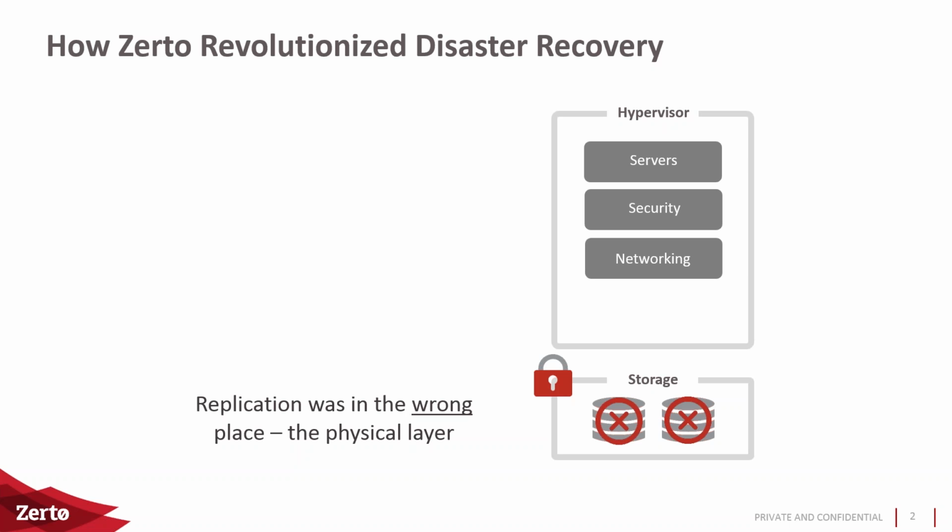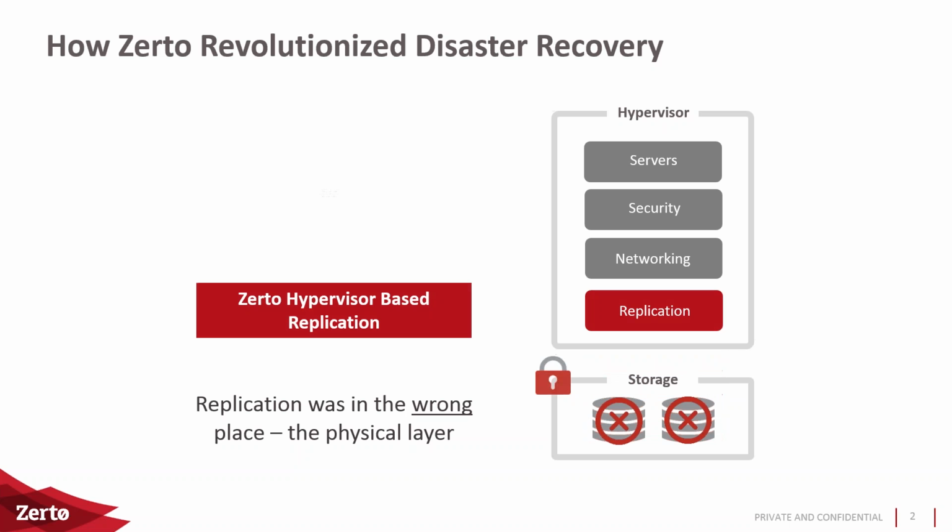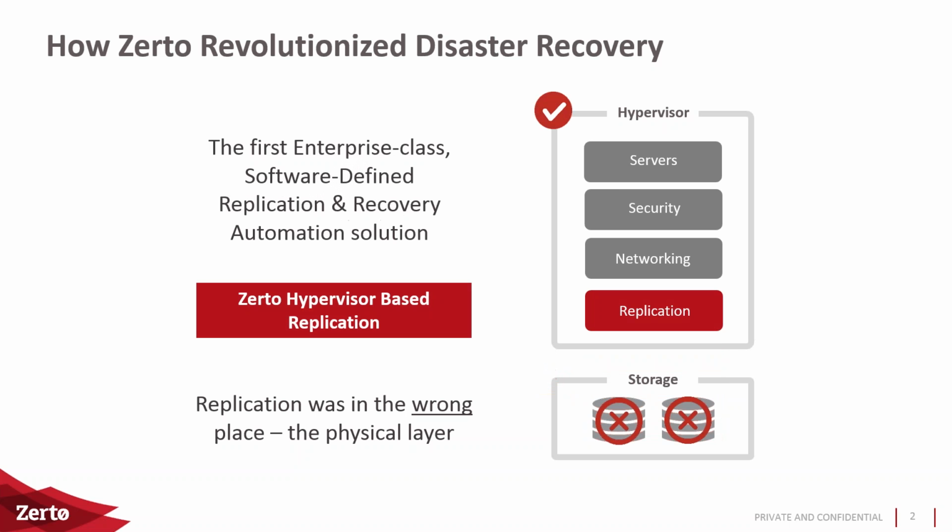You're probably replicating too much storage, you probably needed a lot more bandwidth, and it just wasn't extending that virtualization strategy. So Zerto recognized this and pulled replication from the storage layer into the hypervisor so that you now have alignment across your entire IT environment. So now you have software-defined replication and recovery, and it's automated as well, and we'll talk about that, to make sure that processes execute consistently and correctly in the time of a disaster.